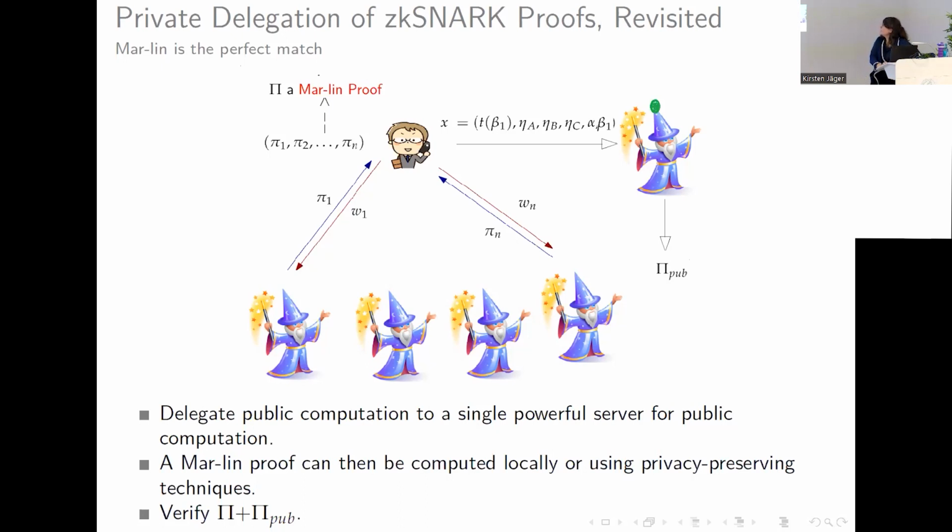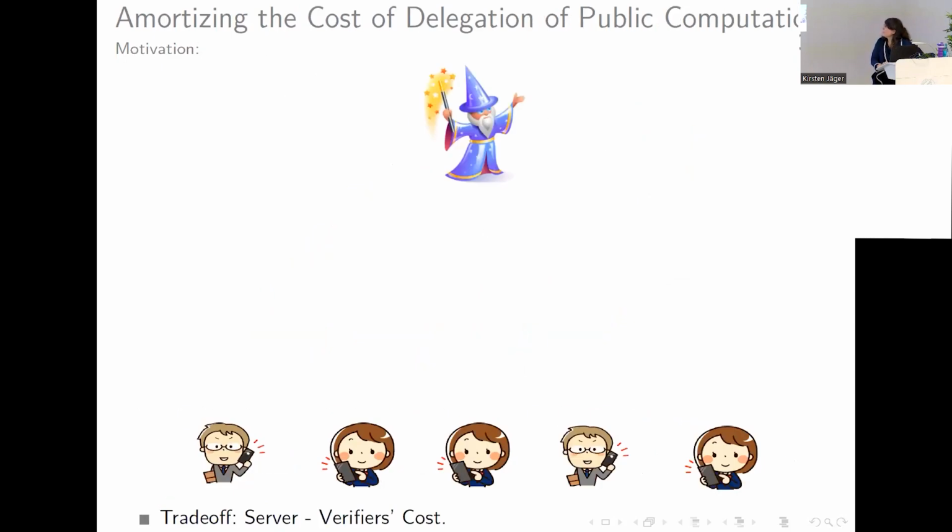But there is something that concerns me still. If you're delegating the computation to a prover, this would be the server that is doing the public computation for everyone. So this server is doing a lot of work, right?